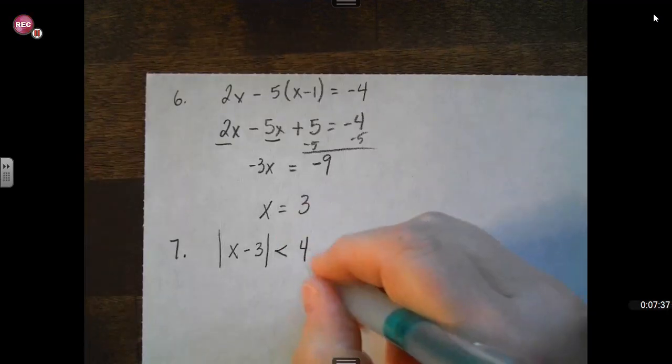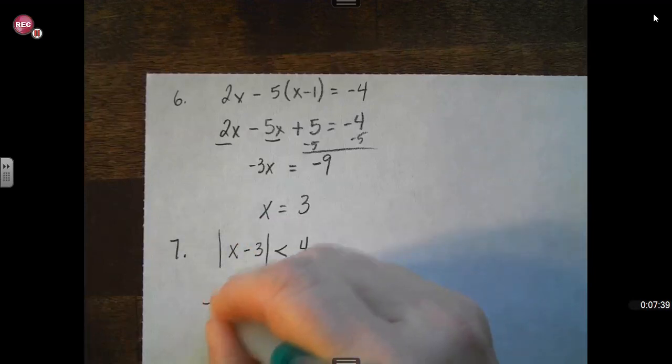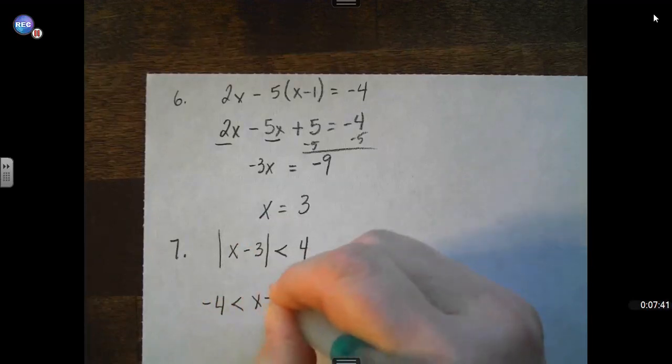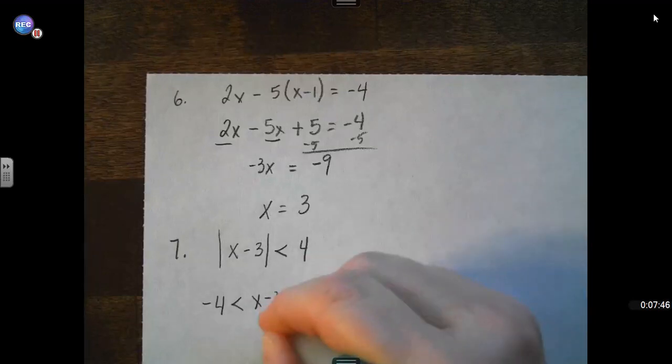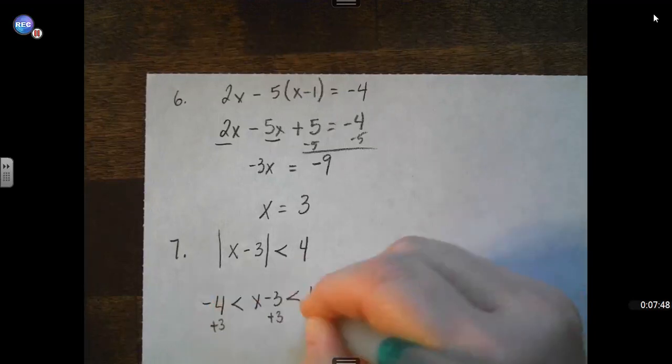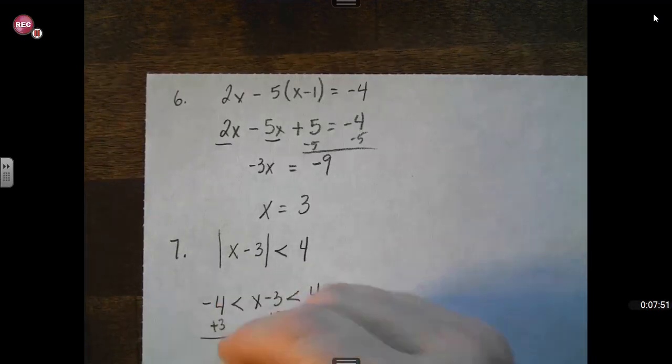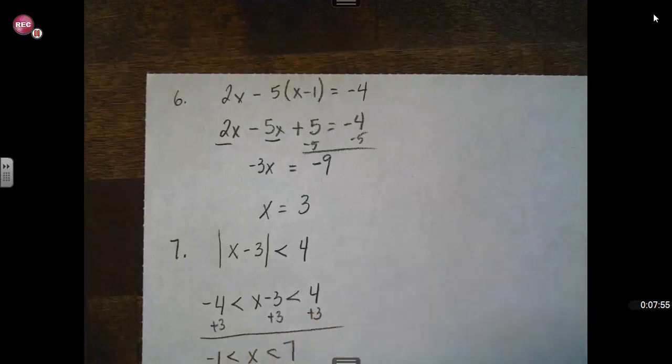We write a conjunction: -4 is less than x minus 3 is less than 4. And then for this, we would add 3 to all 3 parts. And we get -1 is less than x is less than 7. And that's part of our solution.